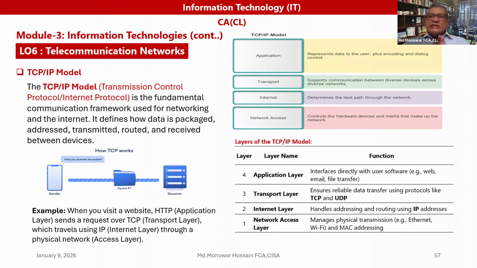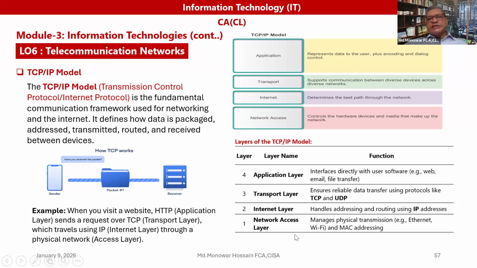This TCP/IP model has 4 layers: 1, network access layer. 2, internet layer. 3, transport layer. 4, application layer. And each and every layer works differently.